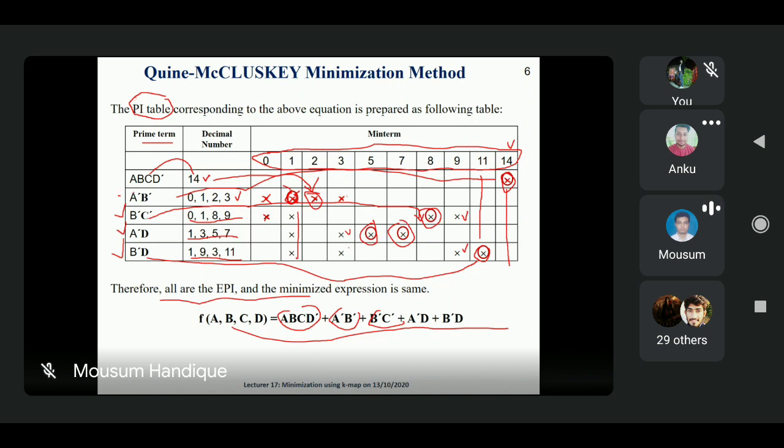So by default, all the terms are prime implicants. Now, from this table, the main task is to find which one is the EPI. See here, if against all the terms cross symbols are present, that means all prime implicants are essential prime implicants.